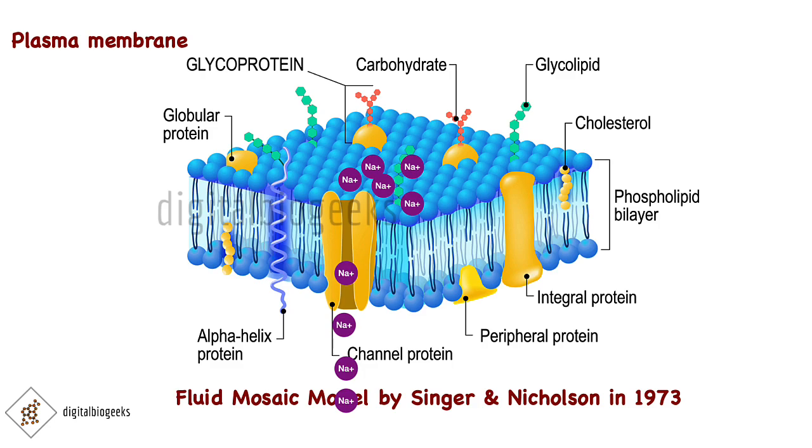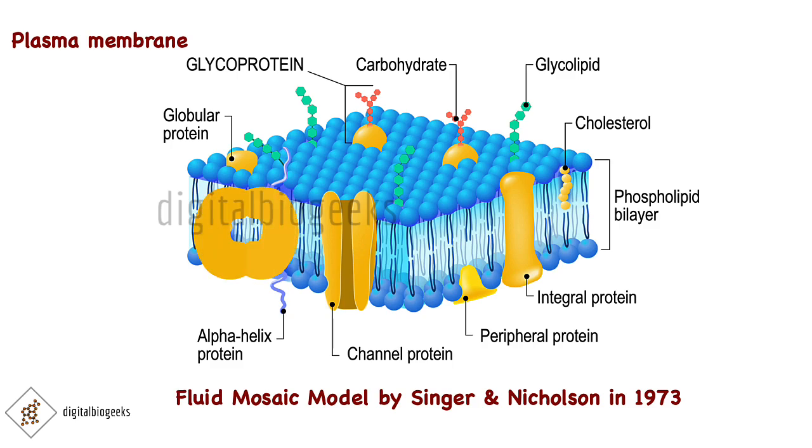Since the passage occurs along the concentration gradient, that is from higher concentration to lower concentration, it does not require any energy or ATP. Another type of protein is called carrier proteins. Carrier proteins have a remarkable ability to transport ions against their concentration gradient.